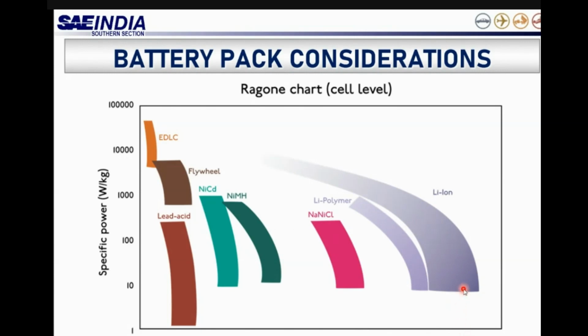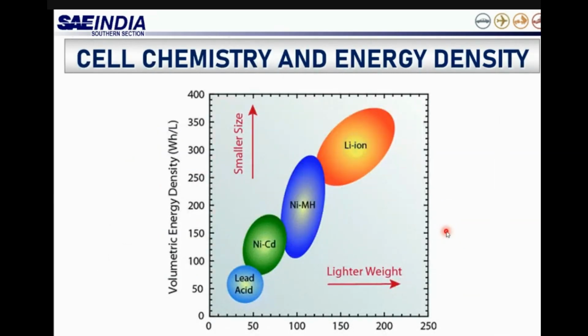This is a slightly older chart. When you look today, the process has been improved and the cost of lithium ion has also come down. That is why lithium-ion chemistry is widely used for automotive batteries.